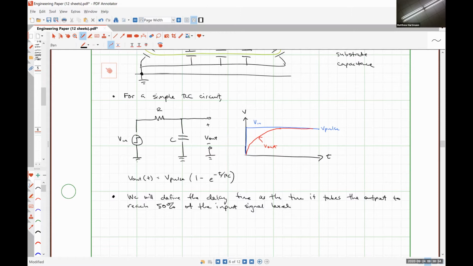So CMOS design engineers effectively are defining a different time constant than what we used in class and what's practically used in, say, the power industry and stuff like that.